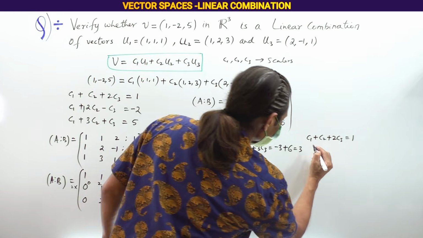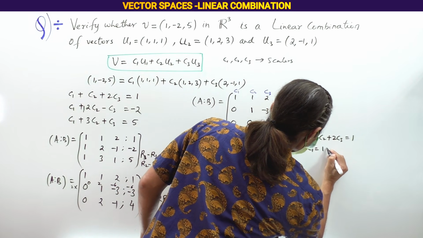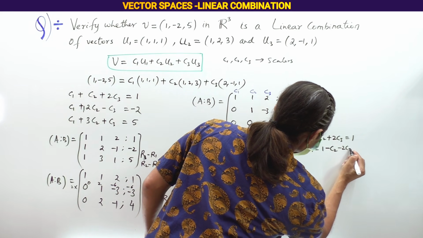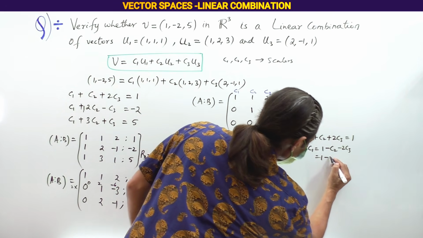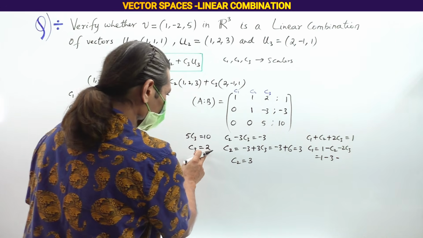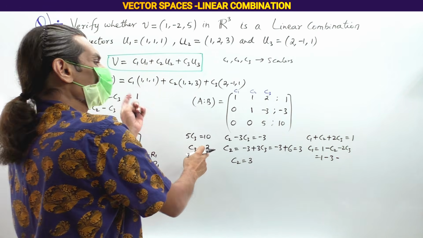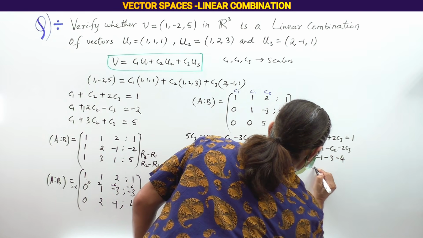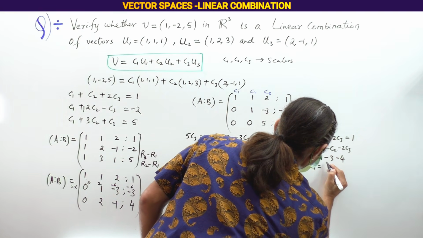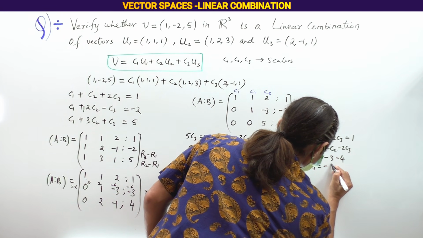Lastly, C1 plus C2 plus 2C3 equals 1. So C1 will be equal to 1 minus C2 minus 2C3, that is 1 minus 3 minus 2 into 2, which is 4. So it's minus 2 minus 4, so C1 is equal to nothing but how much? Minus 6.